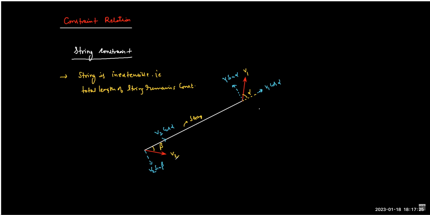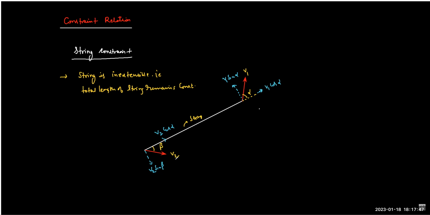Now, once you have this diagram in your mind, you can answer things really easily. Imagine that at one time only one of the velocities is active, the other is inactive. Tell me what v1 cos alpha will try to do. Will it try to stretch the string or shrink the string? Stretch.